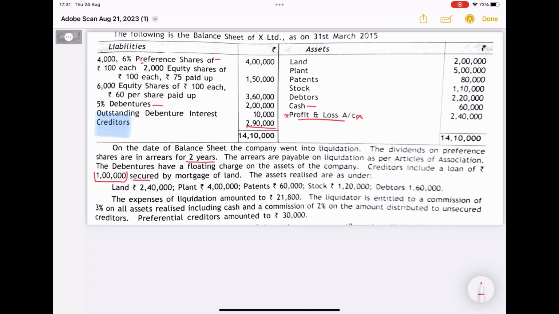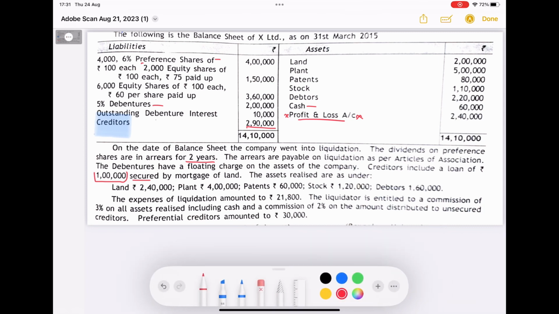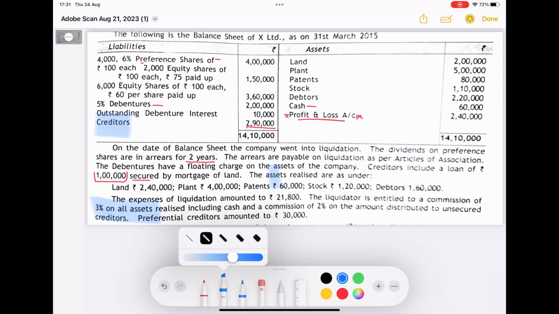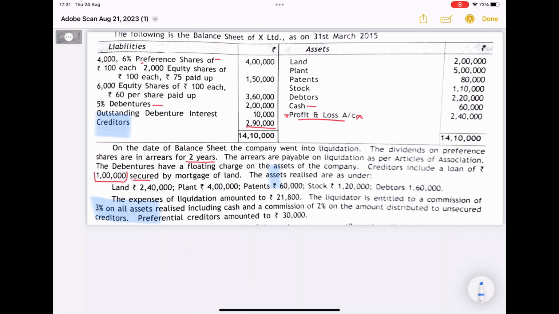Next, expenses on liquidation 21,800. The liquidator is entitled to a commission of 3% on assets realized, including cash. So we are going to pay remuneration on the assets realized, the total asset realized. In this we have to check again, they are paying 2% on the amount distributed to unsecured creditors.